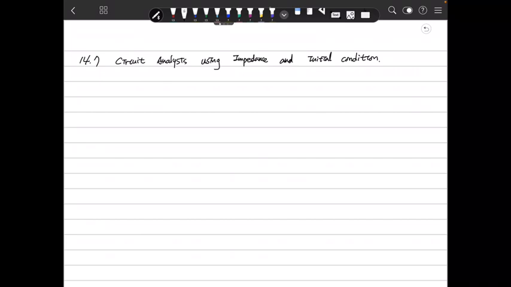So what do we have to do using the Laplace? Okay, Laplace is a more huge approach to analysis in the frequency domain.